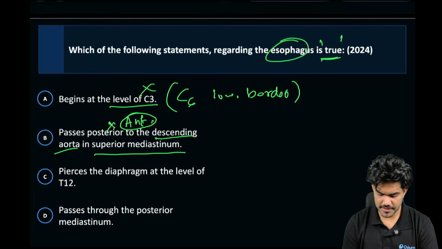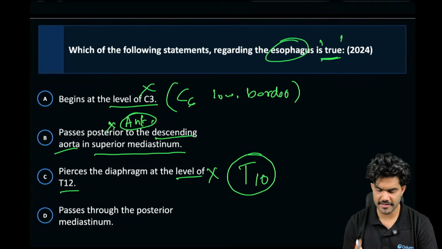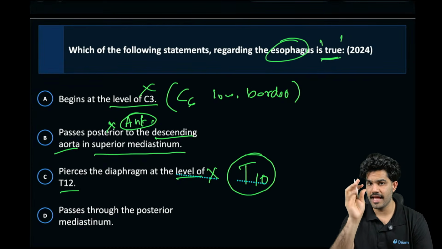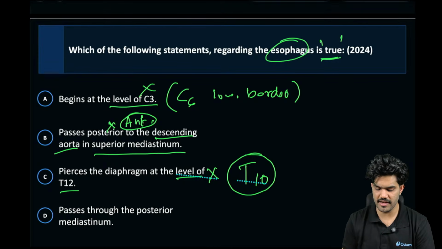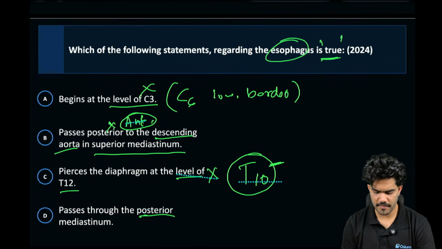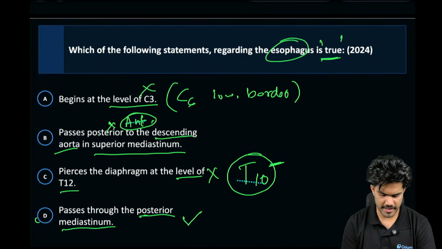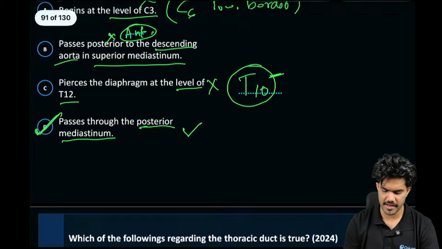Pierces the diaphragm at the level of T12? No, at which level? T10. Remember, the esophageal opening at the diaphragm is at T10. And passes through the posterior mediastinum, yes, it is passing through the posterior mediastinum.